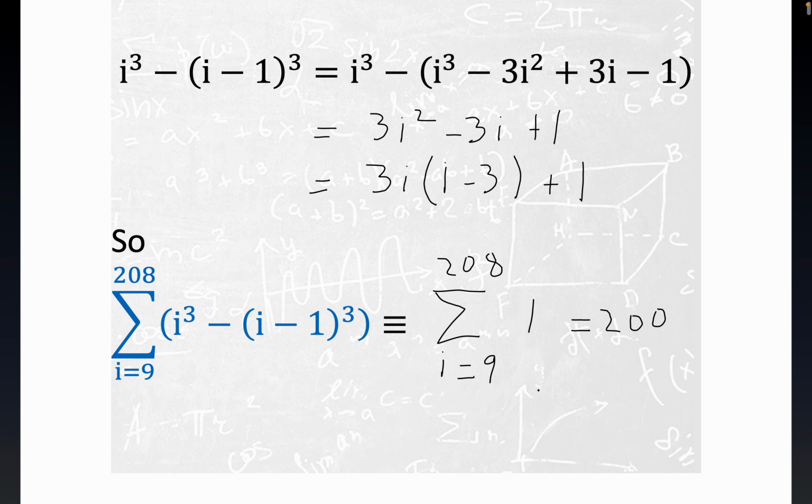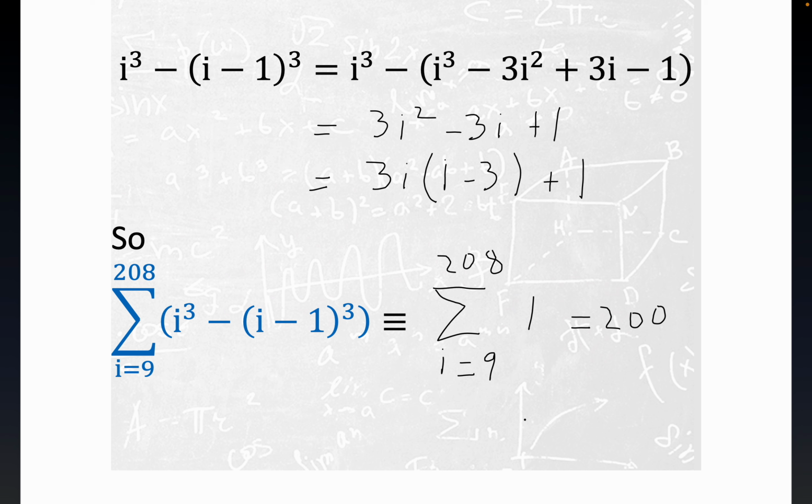But notice that 200 is equal to 3 times 66 plus 2. I'll write it 66 times 3 plus 2. So we have it in that form, and that means it has to be congruent to 2.